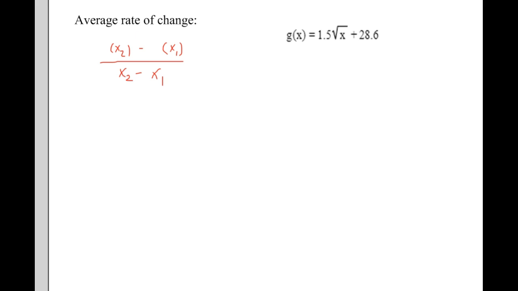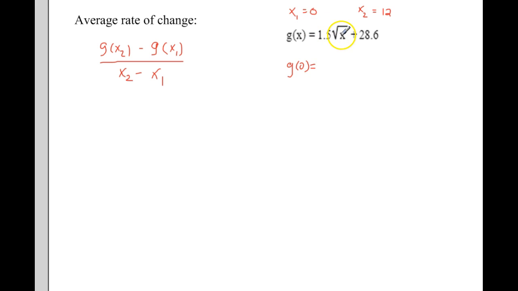So we can apply this to be g's, since the function I gave you was g. X1, it said birth, is 0, and x2 is 12 months. So we're going to plug in 0 and plug in 12.